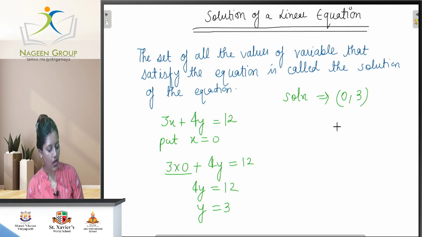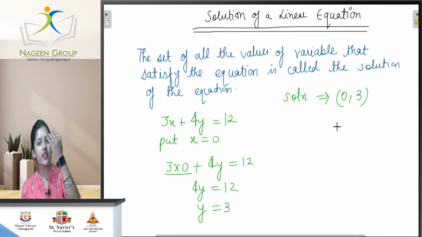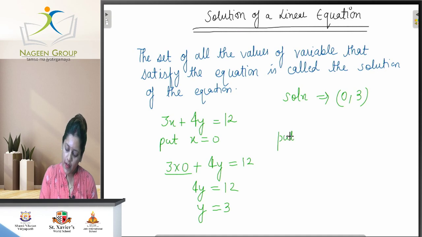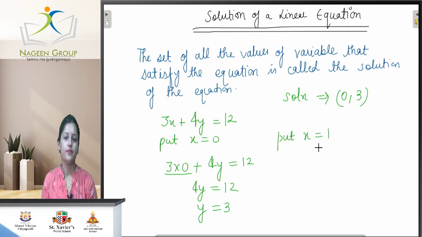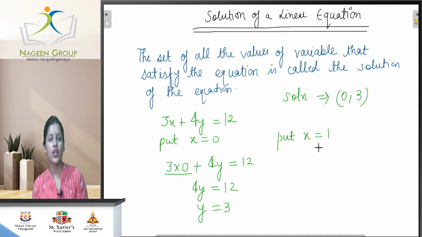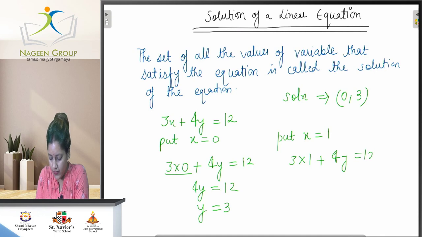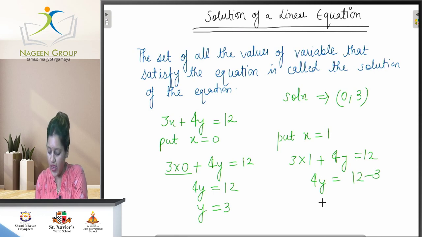Understand? Now, it is not fixed that this is the only solution of this equation. There are many solutions. Let's put x equals 1. Then we get 3 into 1 plus 4y equals 12. So 4y equals 12 minus 3, that is 9, so y equals 9 by 4.